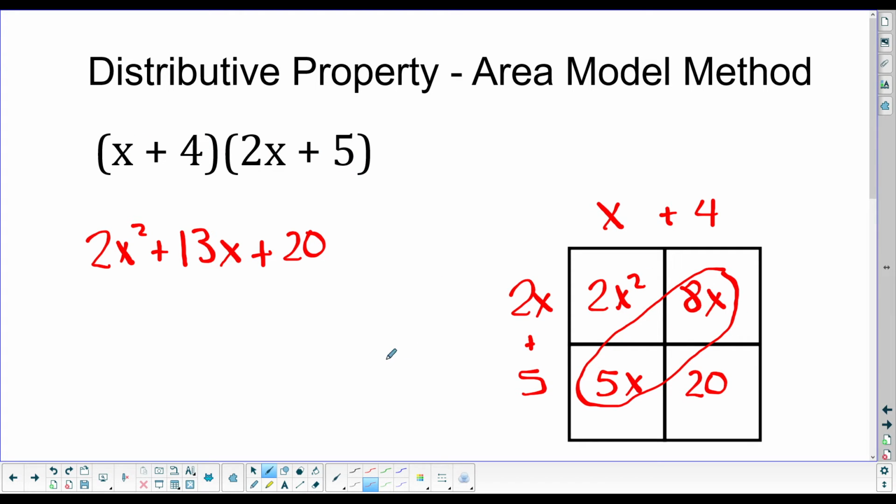I've got 4 multiplications that I have to do. So again, it's kind of a bookkeeping way of doing it. It's a way of saying, okay, I need to do 4 multiplications, and I can write down what each of those multiplications are, and then I can go back and add those together. Okay, so that's an area model.